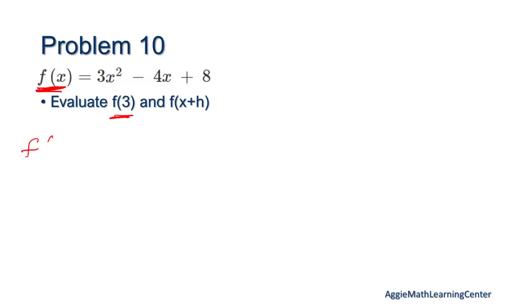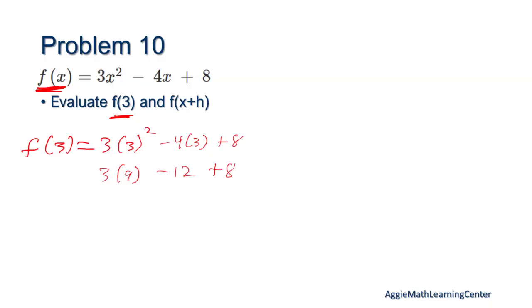So f of 3 equals 3 times 3 squared minus 4 times 3 plus 8. If we expand that out, you've got 3 times 9 minus 12 plus 8.